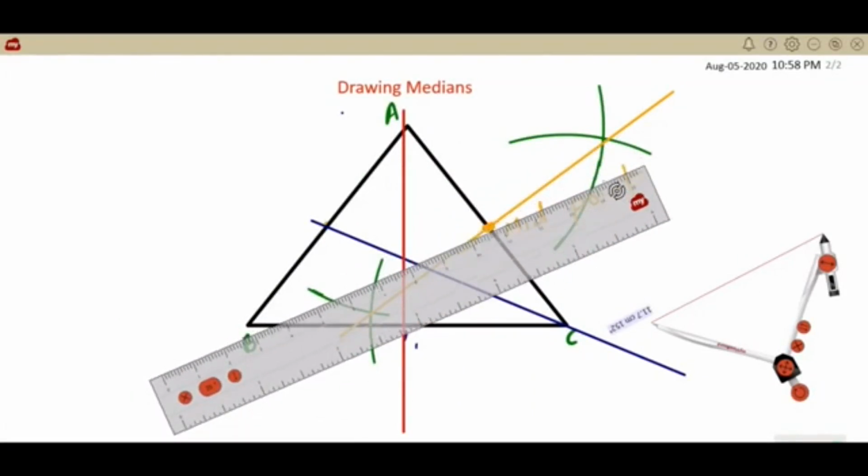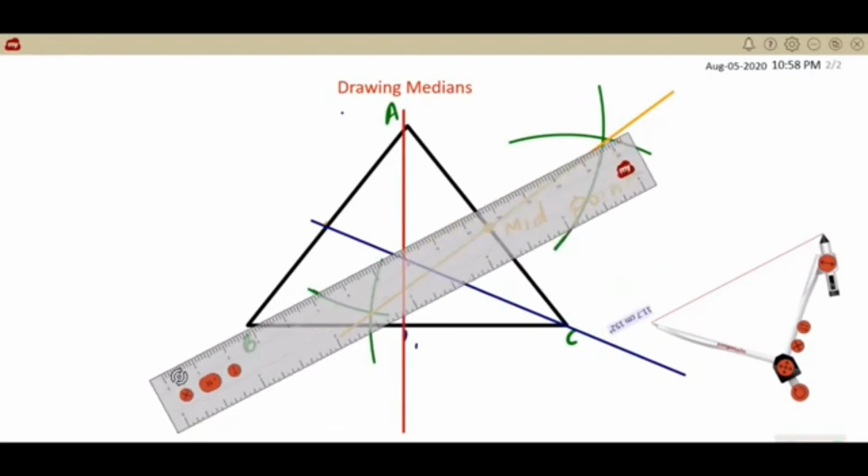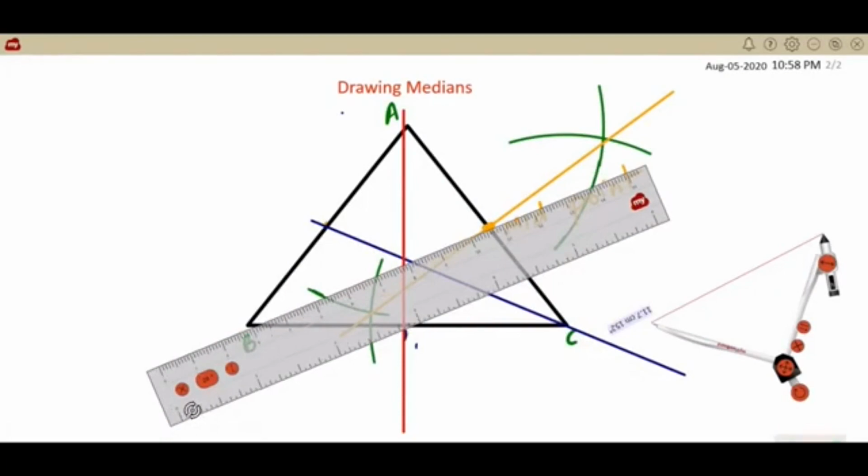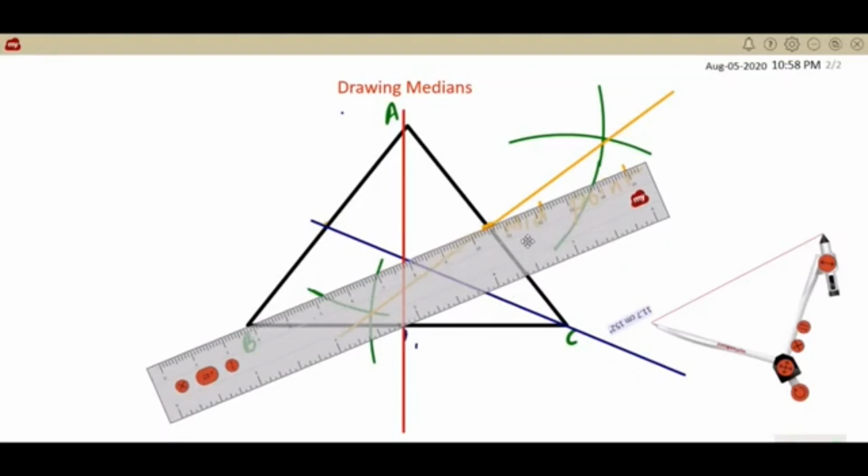Okay, almost coming to the point. Manageable. Okay, I'm leaving it, this much accuracy is all I can expect this time. Drawing the third median connecting the opposite vertex B with respect to the side AC.